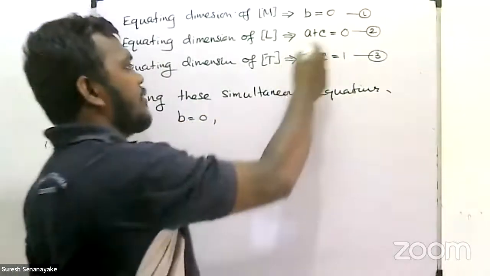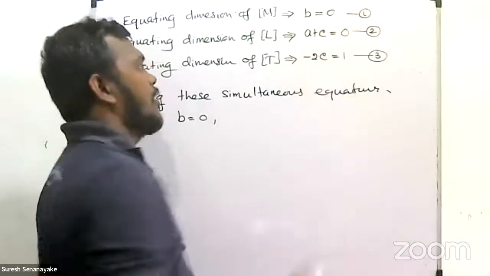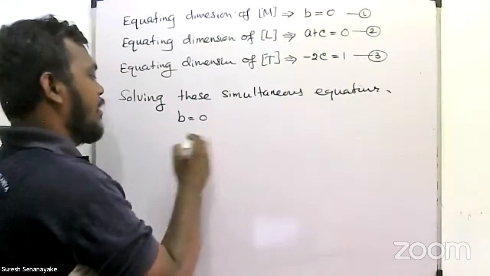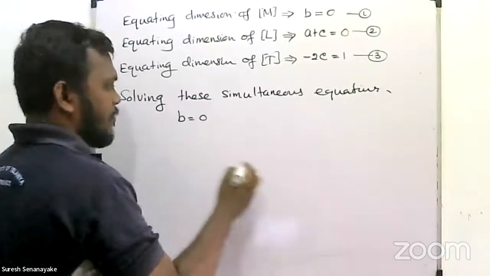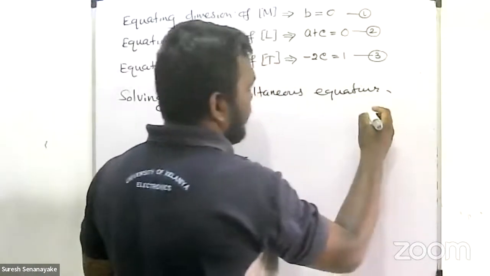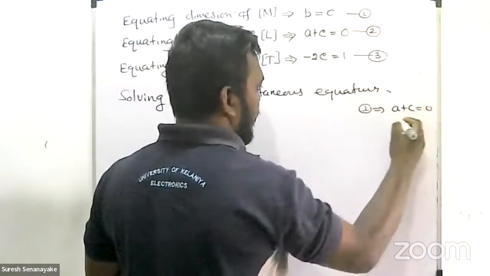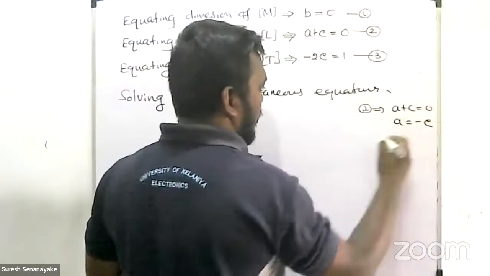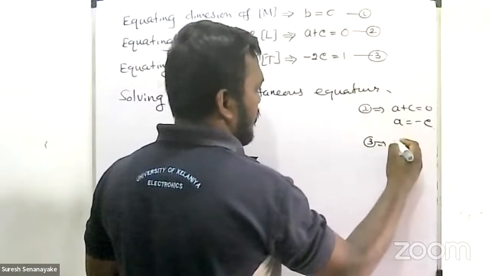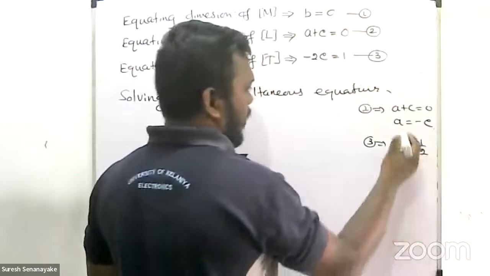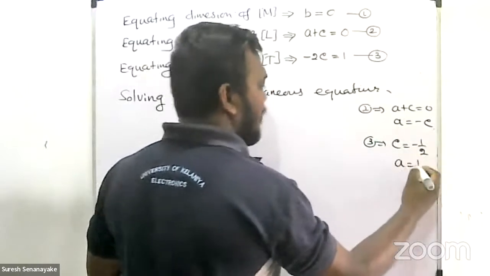Here you can see the second equation, a equals minus c, b equals 0. From the second equation, a plus c equals 0, which means a equals minus c. And the third equation gives you that c equals minus half. If a equals minus c, then a equals plus half.